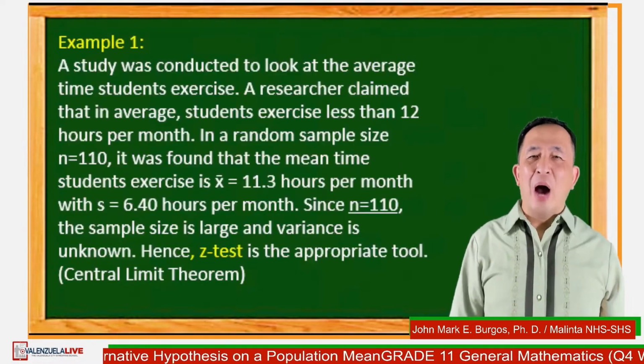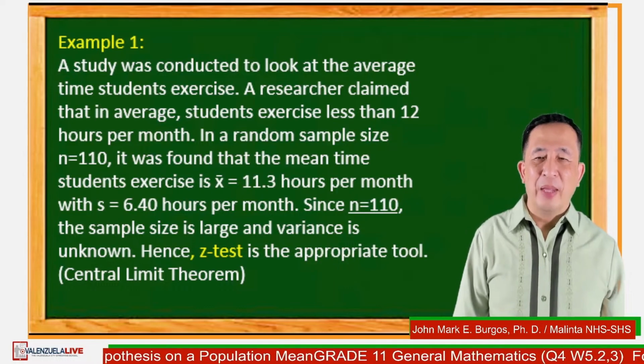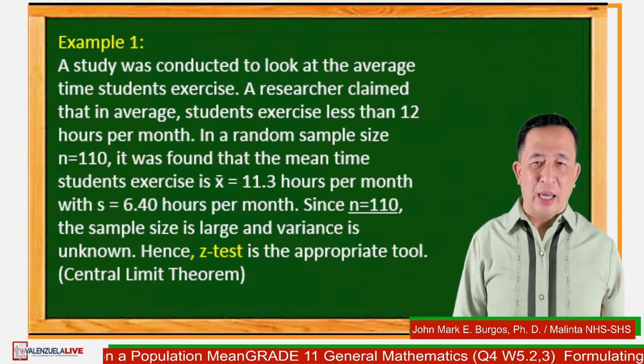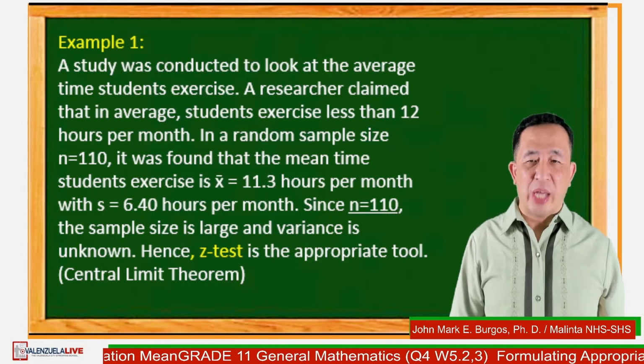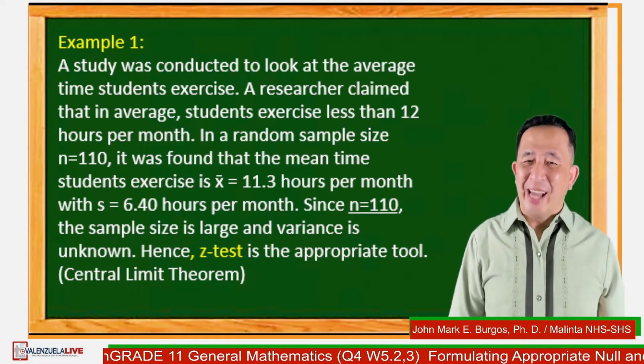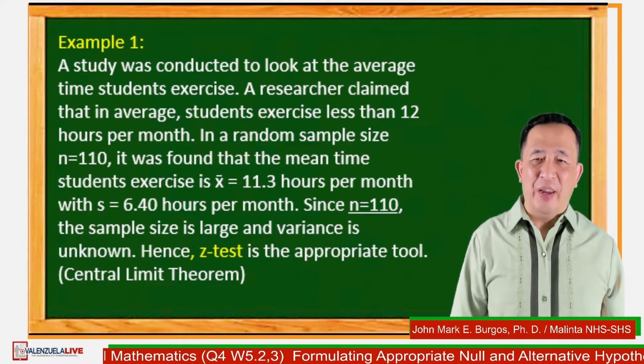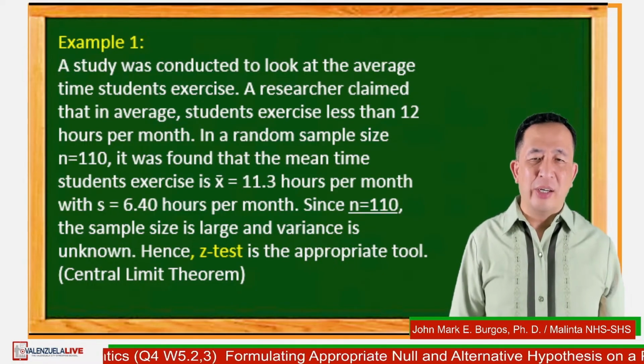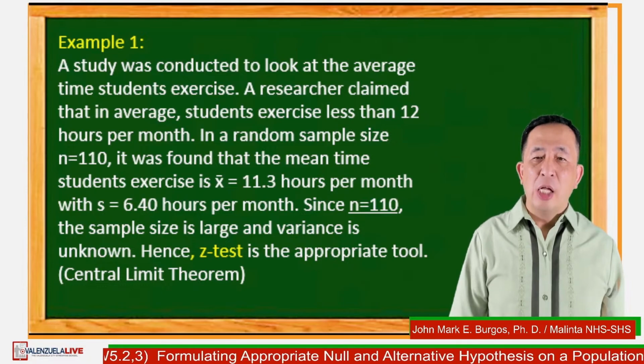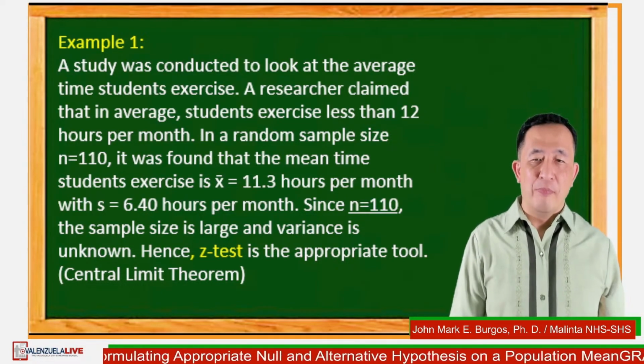Let us have our first example. A study was conducted to look at the average time the students exercise. A researcher claimed that on average, students exercise less than 12 hours per month.